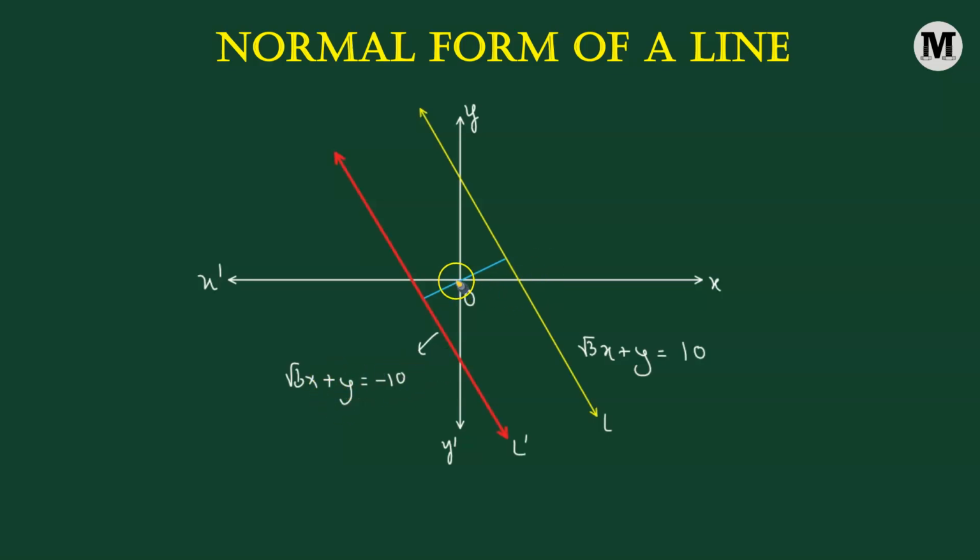Now in each of the two cases we see that the line which is denoted by the blue color, the OC, that is going to be the perpendicular distance P. So this is going to be positive 5, and if we consider OC prime as the perpendicular distance of the red line from the origin, that is also going to be 5 units, and so it's in the negative direction, so we can consider it to be negative 5. So that's why we obtain P value to be equal to plus or minus 5. Okay, so these are the two possible equations of the line.